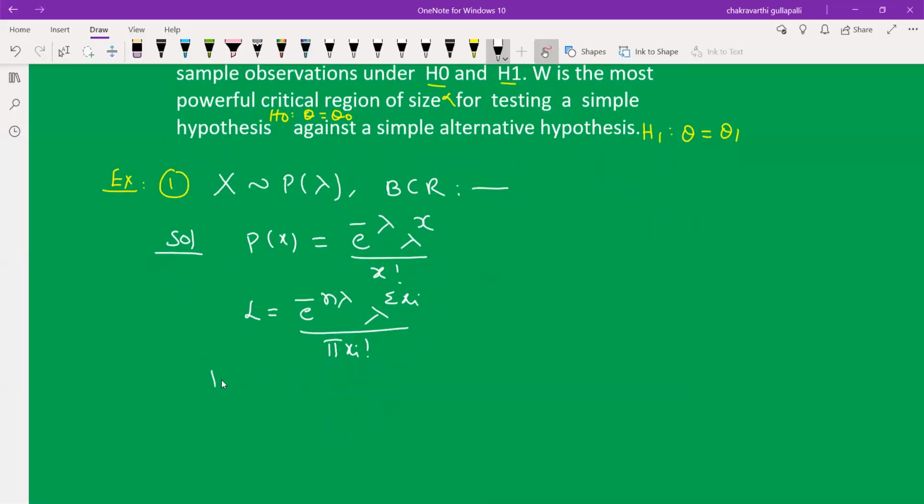Now, H naught: lambda is equal to lambda naught, against H1: lambda is equal to lambda 1.